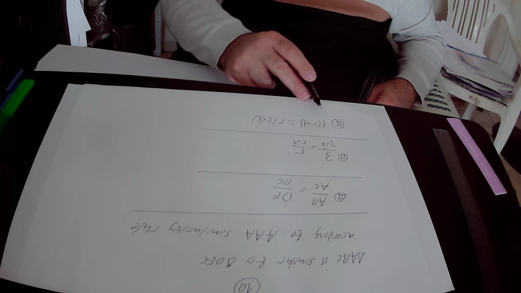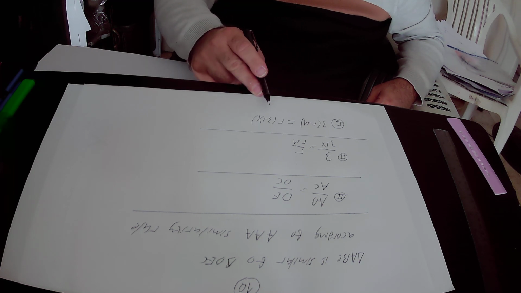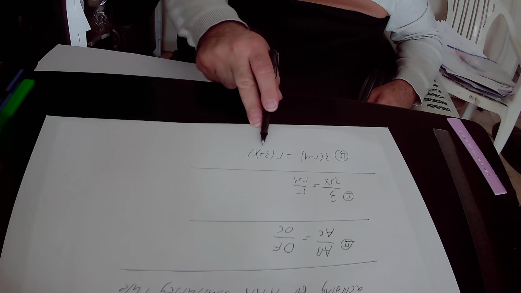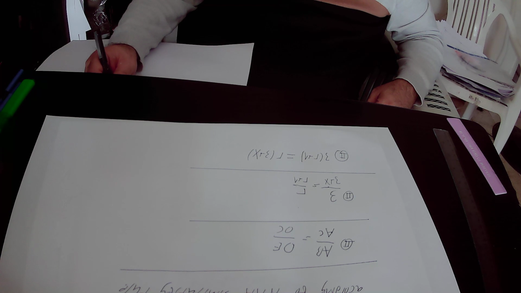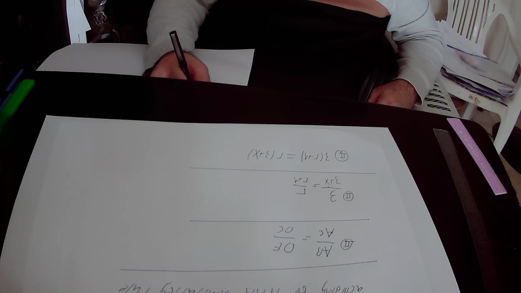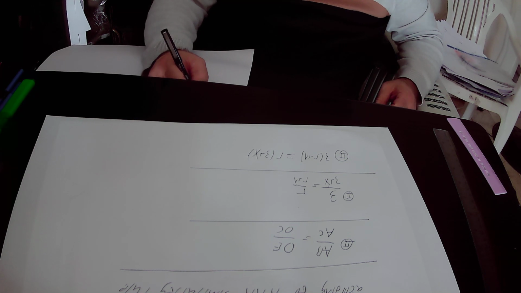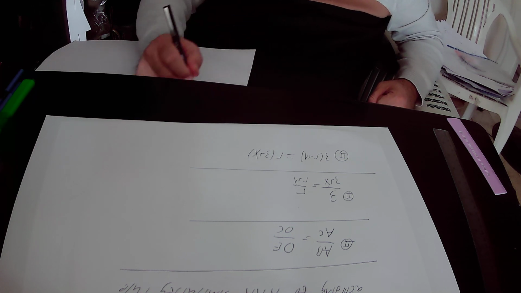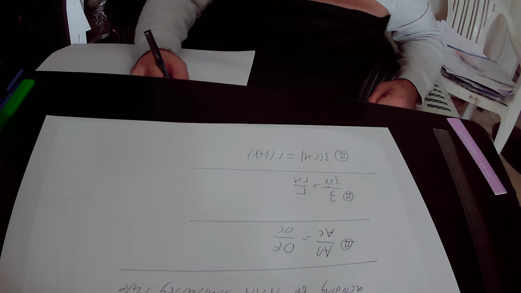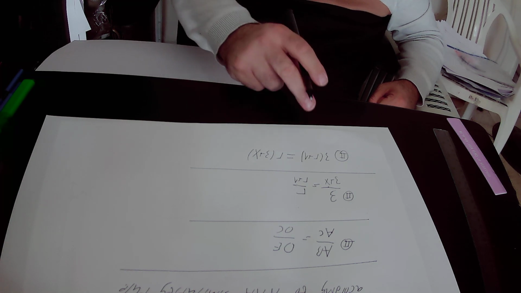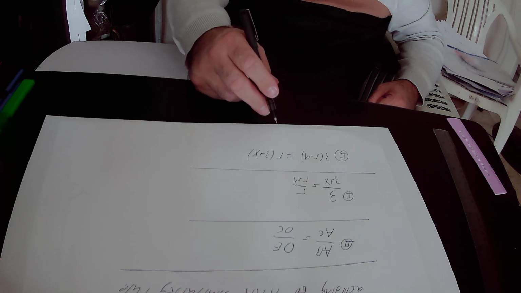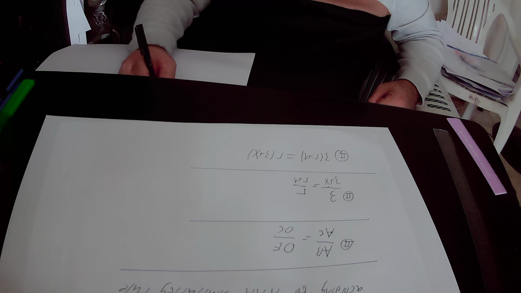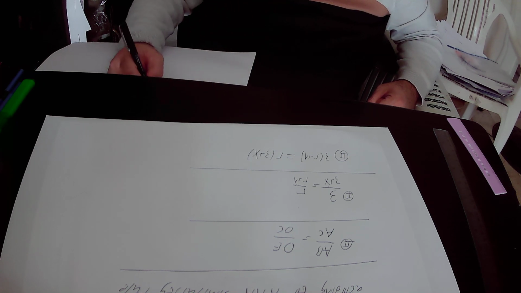Here we will open the brackets and we will get that 3R plus 3 equals 3R plus R times X.